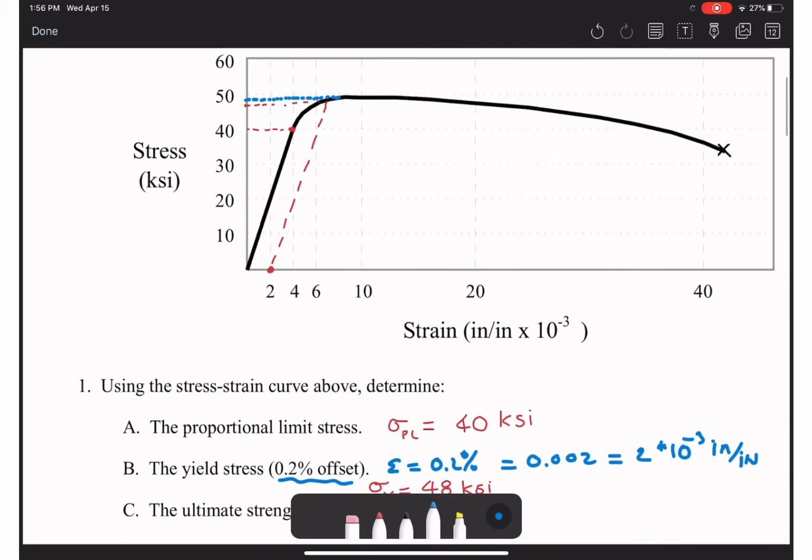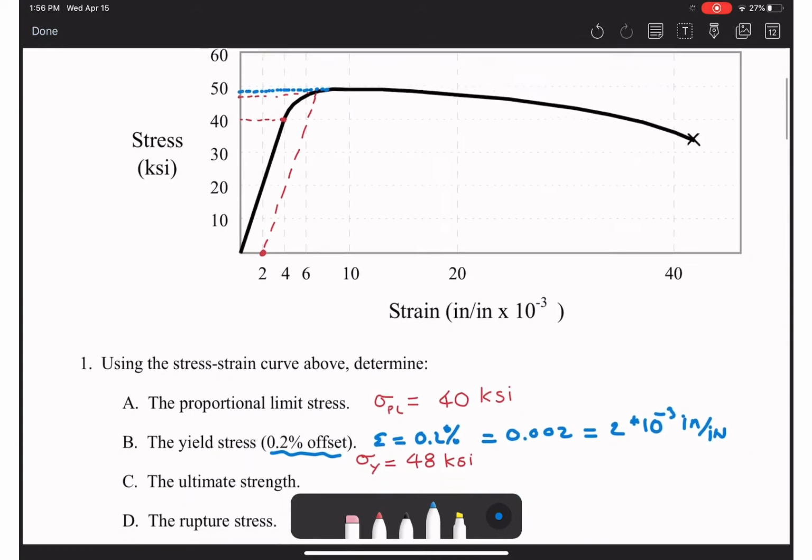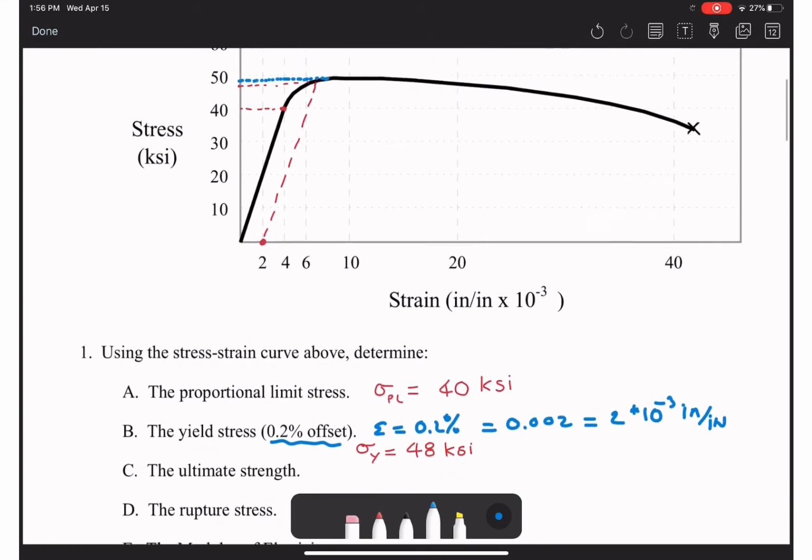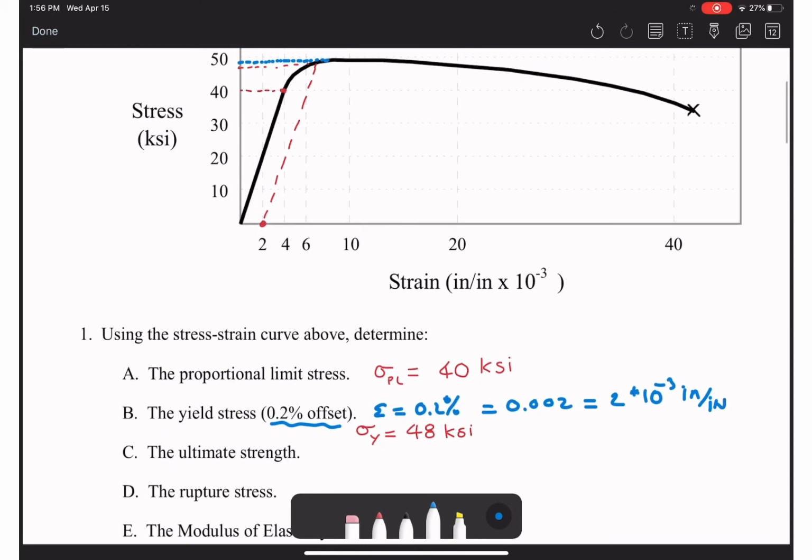So from that we can put about 49 KSI. The blue one, sigma ultimate equal to 49 KSI.